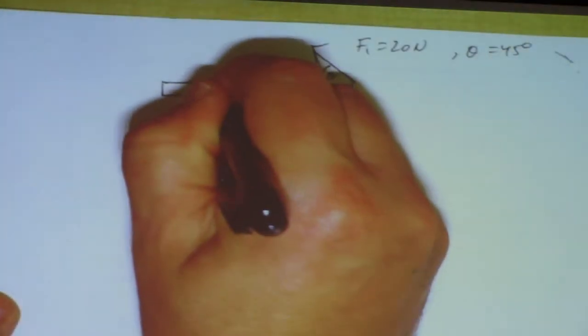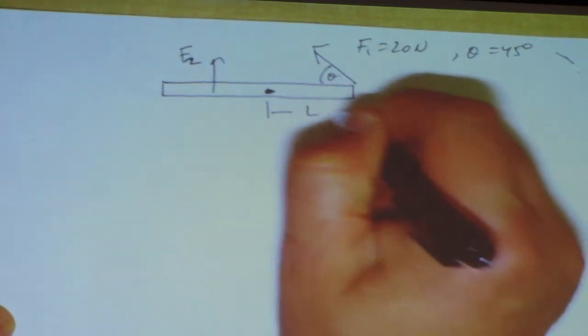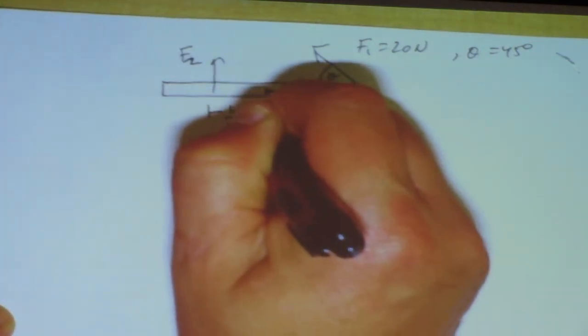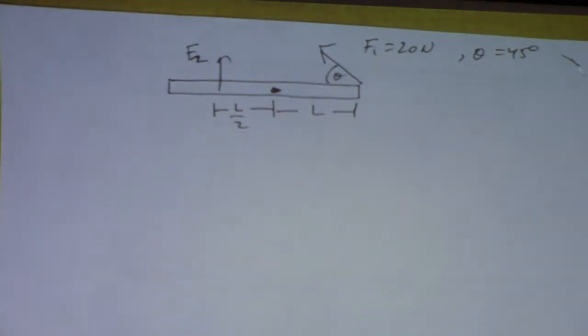And this is F2. This whole distance, I'm just going to call it L. This distance is half as much, so L over 2. We'll set it up, and maybe we won't even actually need the length here. If you just said the whole length was 1 meter and that was half a meter, that would work out fine too. They don't say how big it is, it's just in relation to each other.